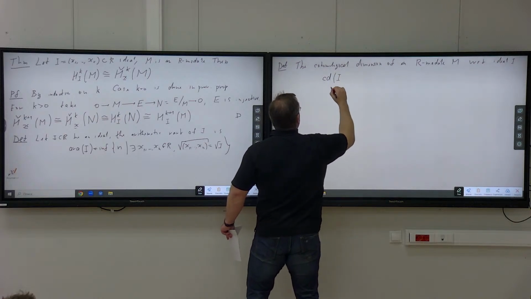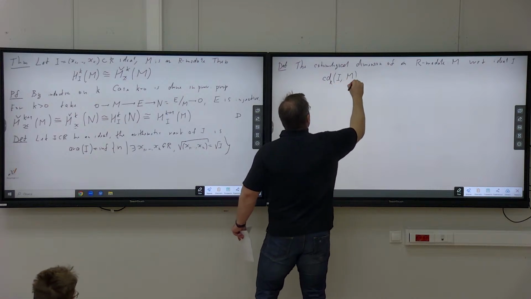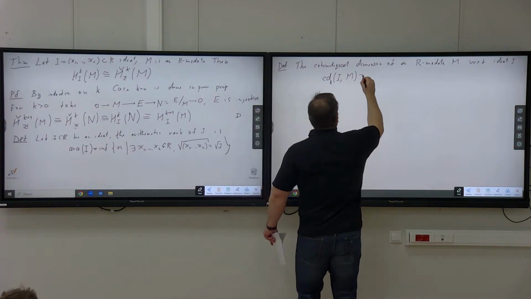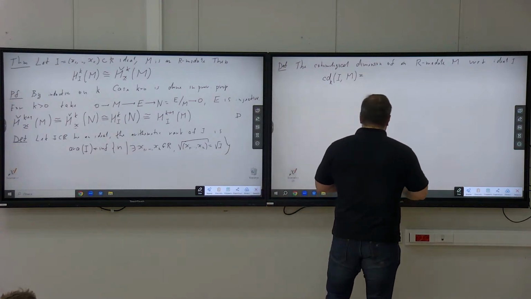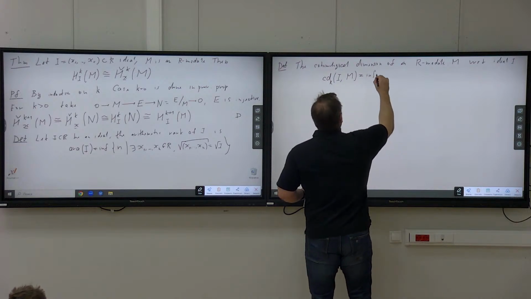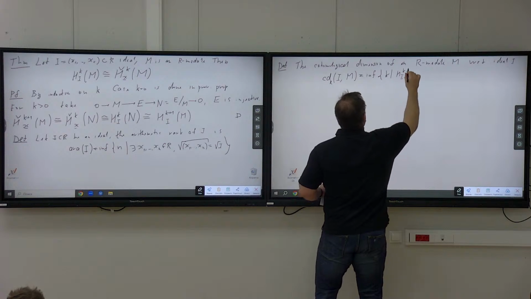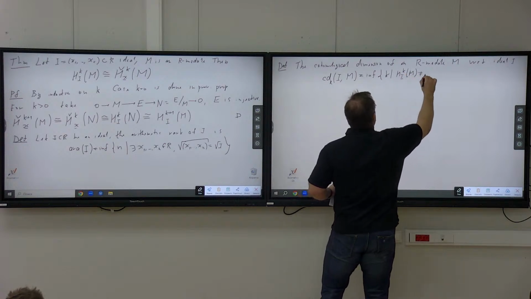It depends on the ring, it depends on the ideal, it depends also on the module, and by definition this will be the infimum of the k such that H_k^I of M is not equal to 0.